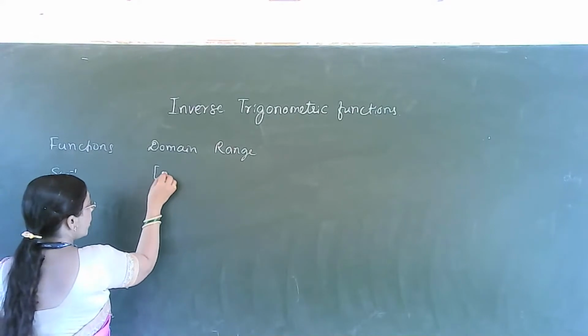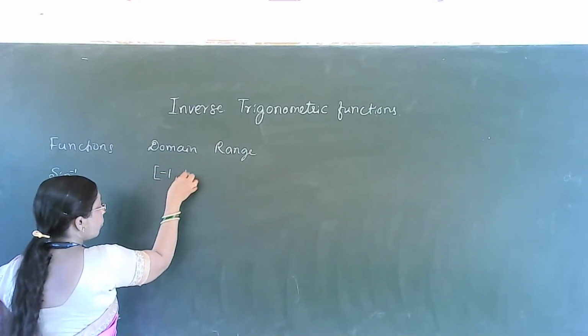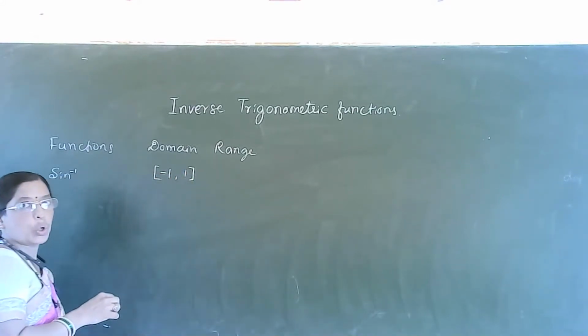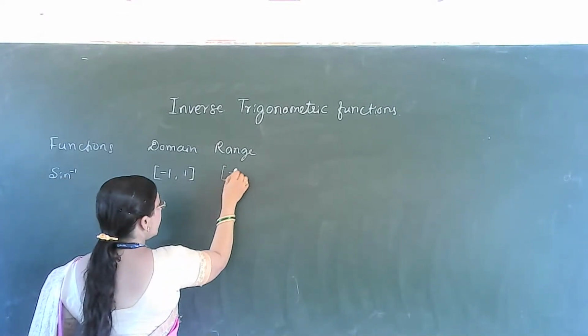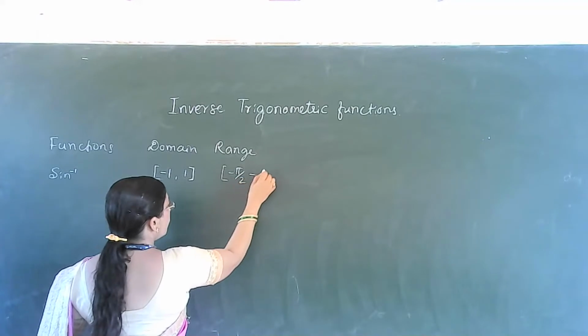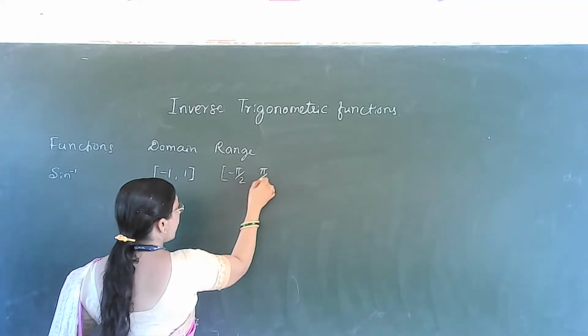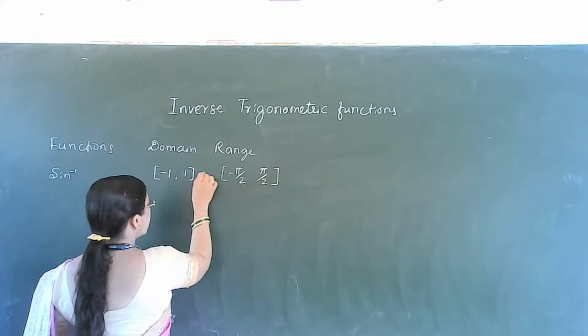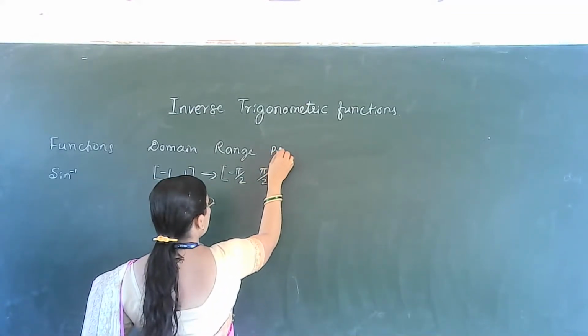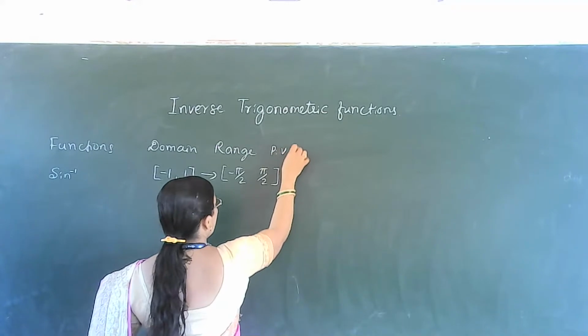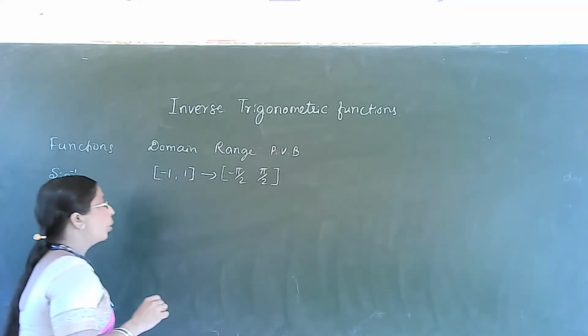The domain of sine inverse is -1 to +1. It's a closed interval. Then the range is -π/2 to +π/2. It's also known as the principal value branch.